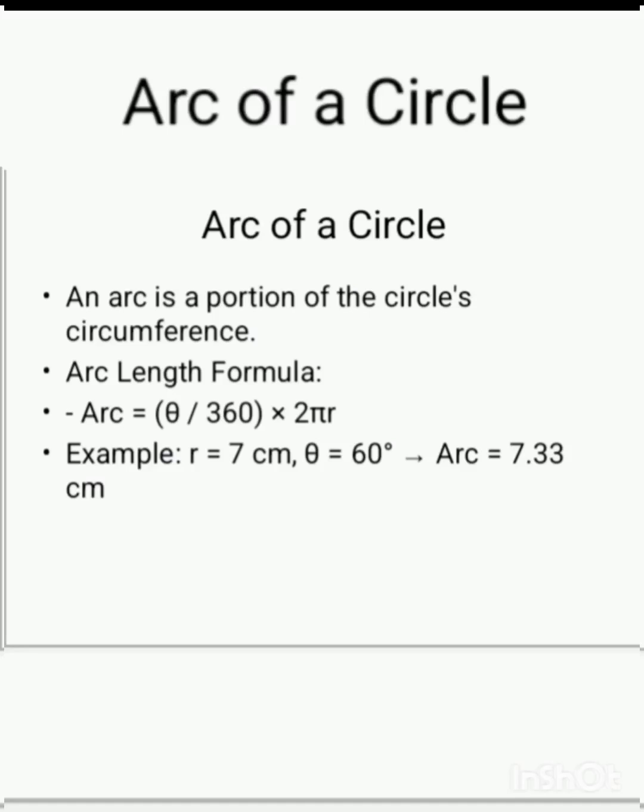Now, arc of a circle. When you talk about the arc of a circle, you are talking about a portion of the circumference of a circle. And the formula for the length of arc is theta over 360 times 2 pi r.